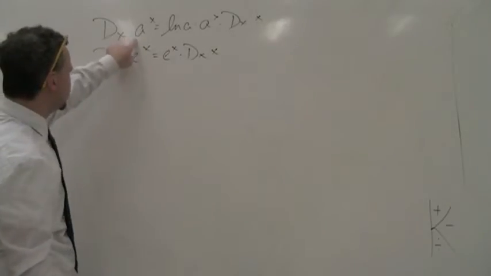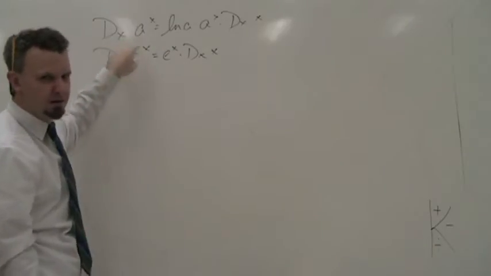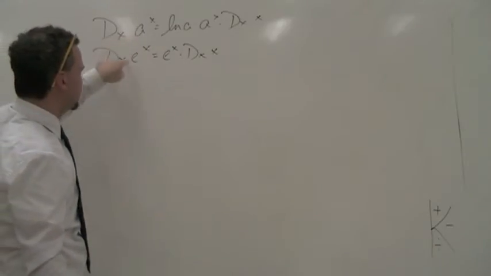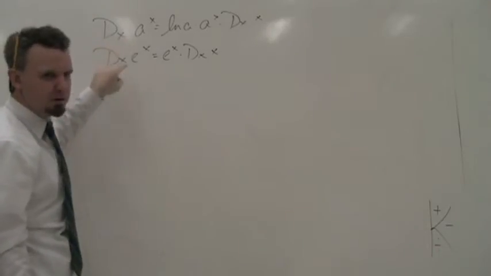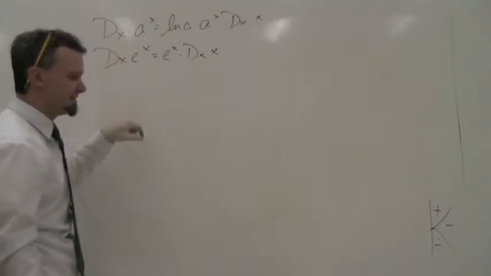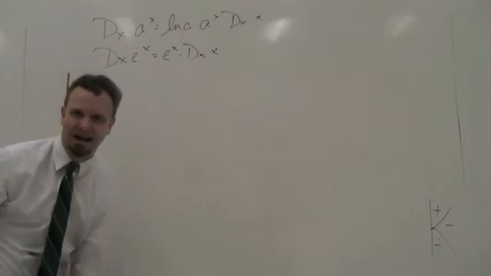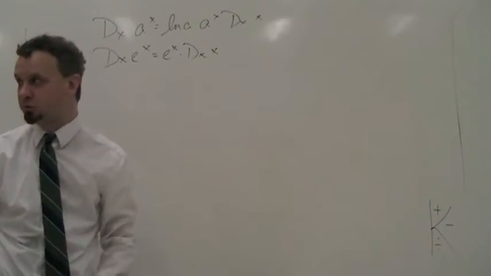So this rule should be very similar to this rule. These two rules really should be the same. So my question to you is, why aren't these rules exactly the same? They certainly look similar, but they're not exactly the same. Why aren't they exactly the same? Alright, that takes care of our first rule.